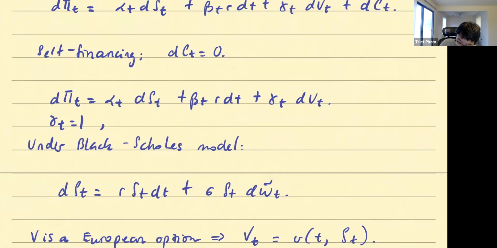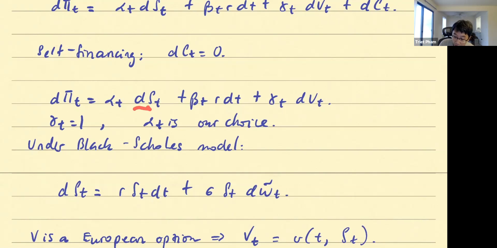What we're interested in is choosing alpha t. Is that okay? Alpha t is our choice. So you choose how many shares to invest into the stock market.